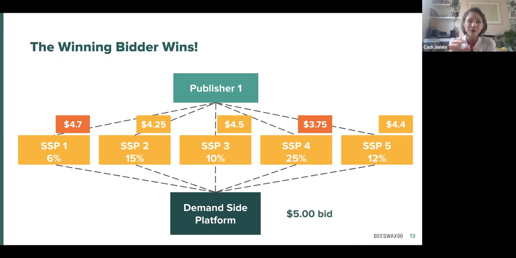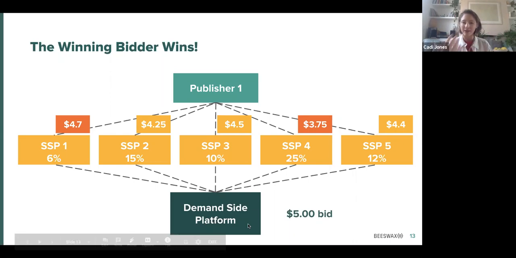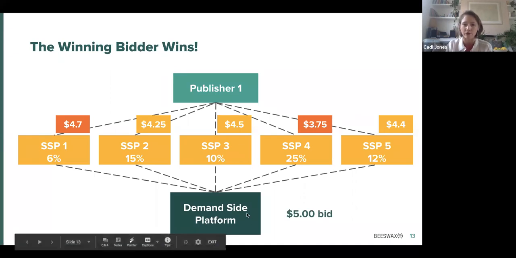So you've got to remember that in a scenario where you are bidding to win, the winning bidder is going to win, but it's not necessarily the winning bid that the DSP is placing. It's the winning bid in combination from the DSP and the SSP. So it's worth really digging into supply path optimization because it will dramatically influence your win rate.